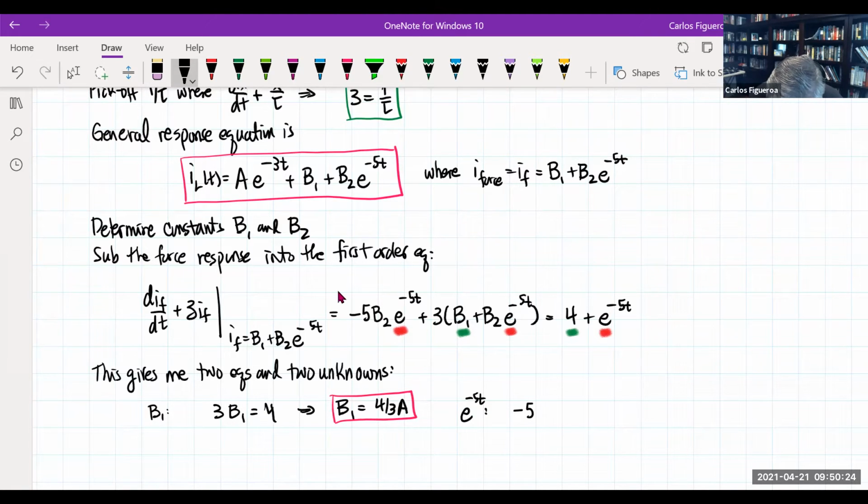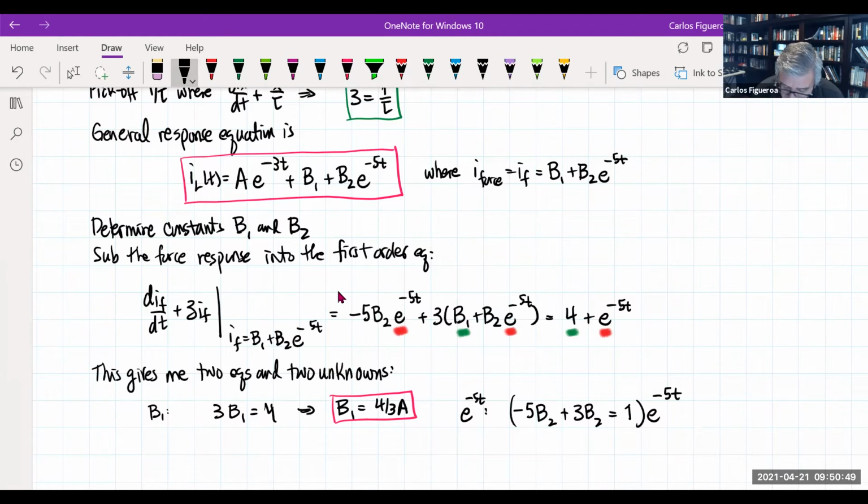So I'm going to get minus 5 B2. Look at the second term. I'm going to get plus 3 B2, and that has to equal what? 1, where this whole thing is multiplied by e to the minus 5t.